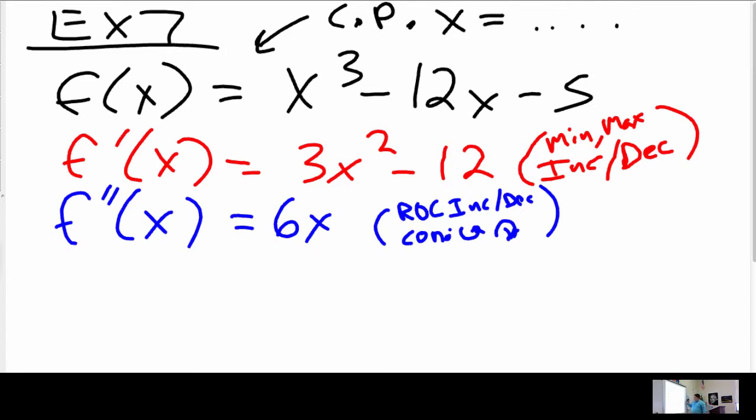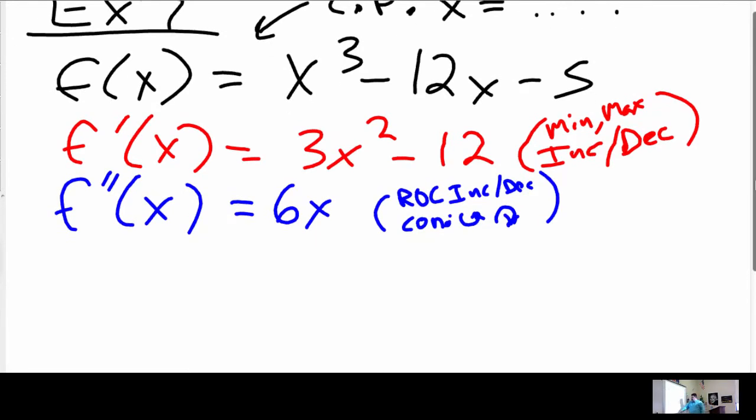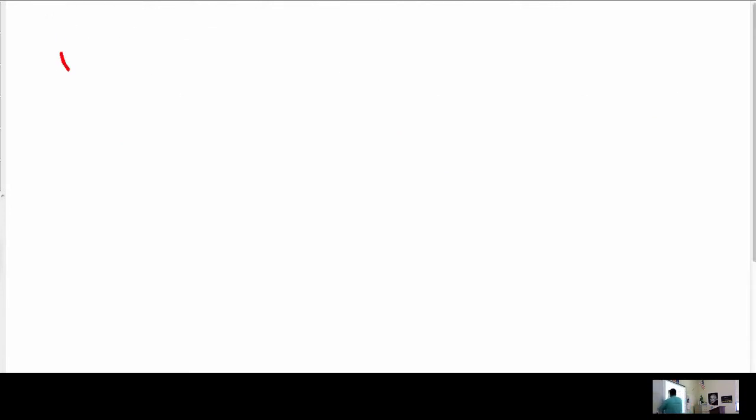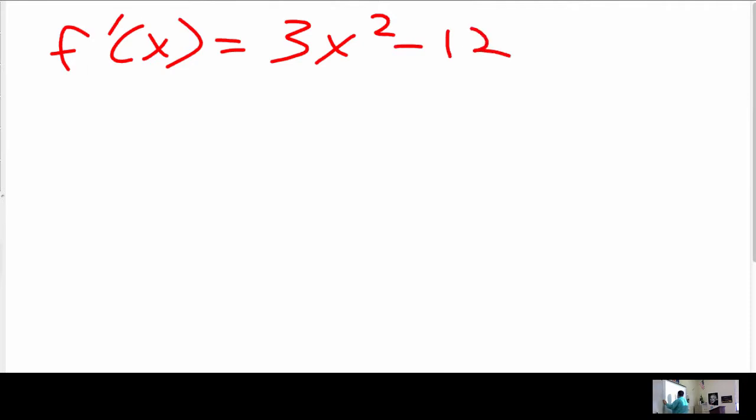So if I'm gonna take this apart and do it one thing at a time, now I'm gonna work with f prime. I gotta find the zeros, right? So I'm gonna say f prime of x is equal to 3x squared minus 12. I want to find where that equals 0.